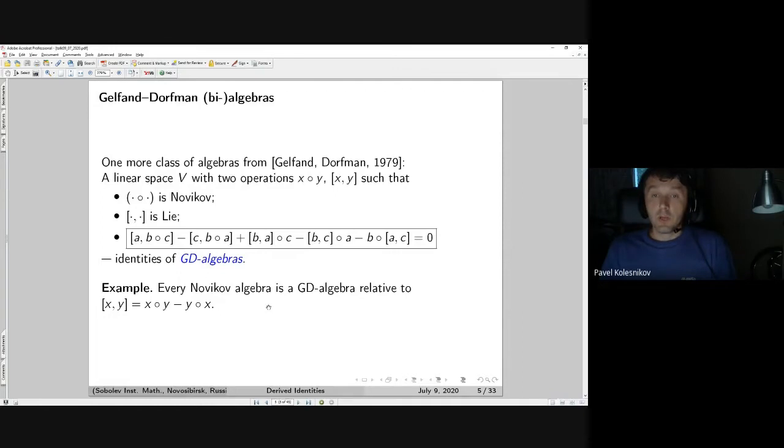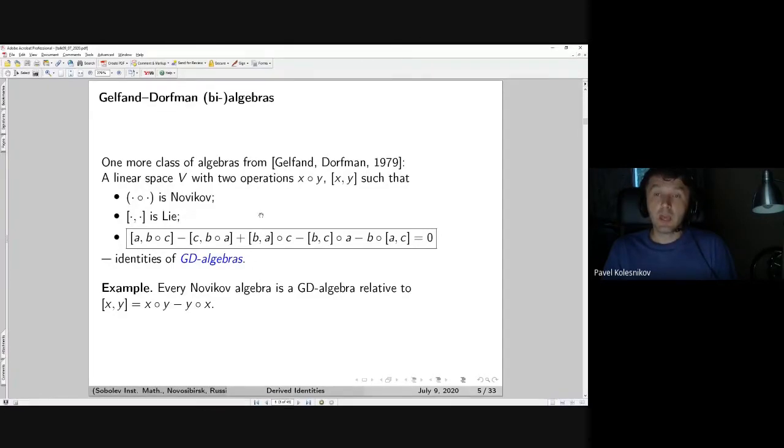I also have to consider another class of algebras, which emerged in the same paper by Gelfand and Dorfman of 1979. This class of algebras is known in the literature as Gelfand-Dorfman bi-algebras. But in order to avoid a collision with the notion of a bi-algebra as an algebra with coproduct, I will use the term Gelfand-Dorfman algebra, or GD algebra for short.